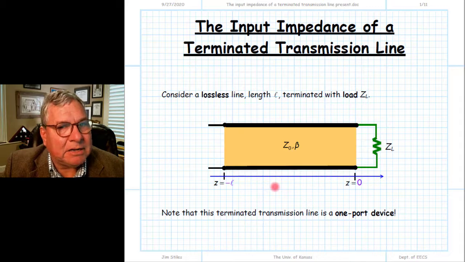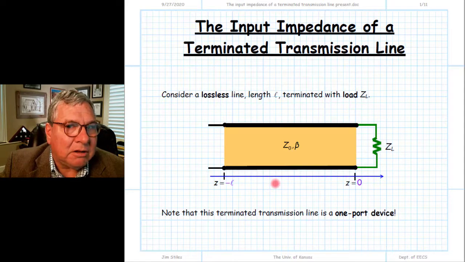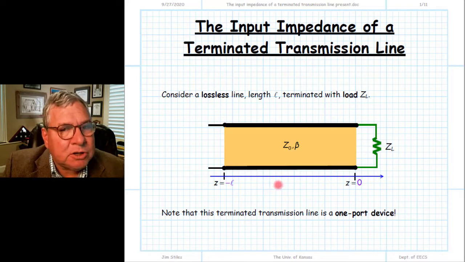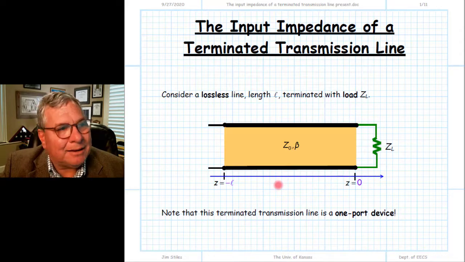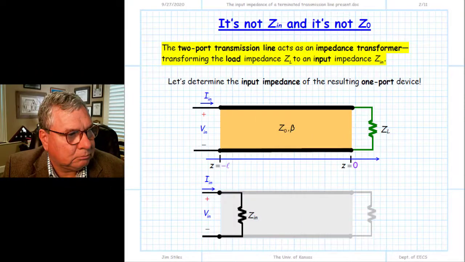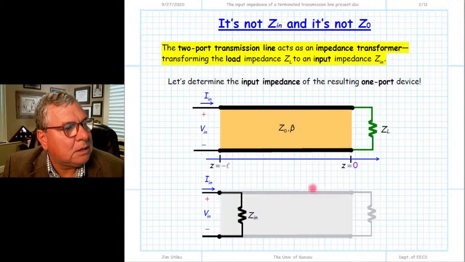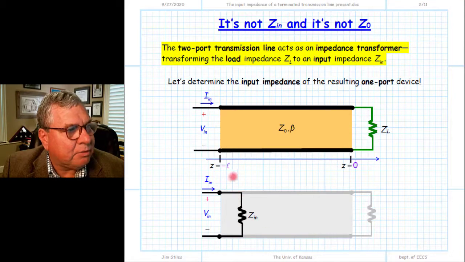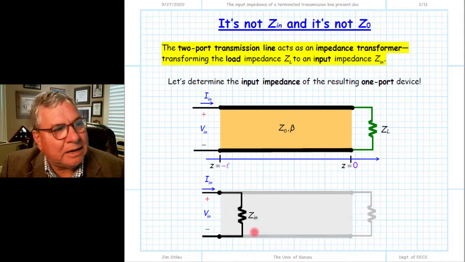It is one complex number that comprehends all of the circuit and physical structure of the two-port network and the load at the end. So let's take a look at that. We can replace this entire one-port device with an equivalent value, the input impedance.